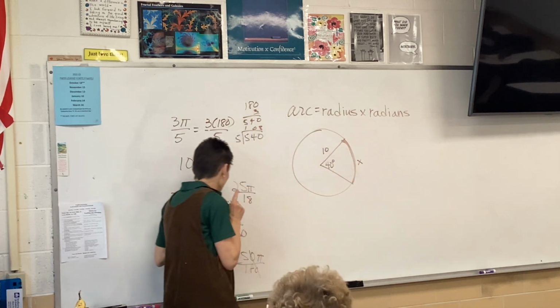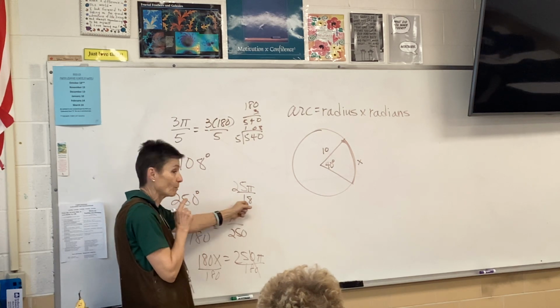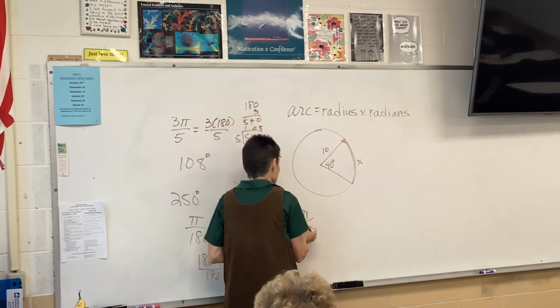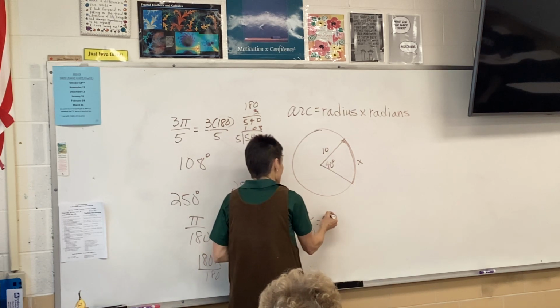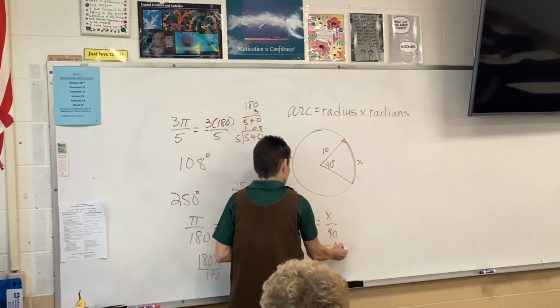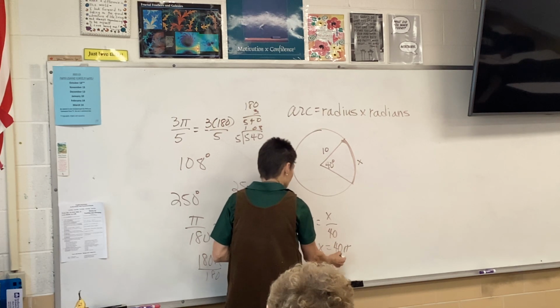Well, didn't I just do a problem like that? Didn't I just change a degree into a radian? So pi over 180 equals x over 40. Cross multiply and divide by 180.